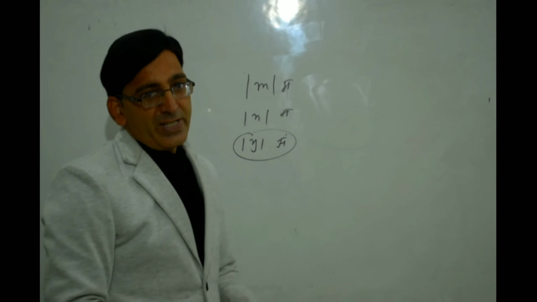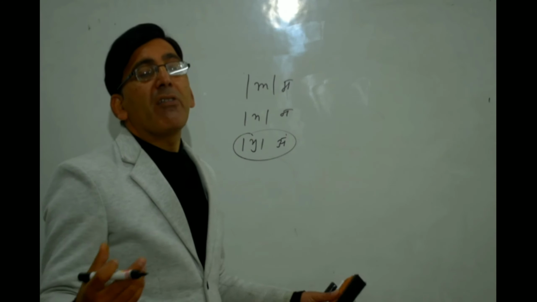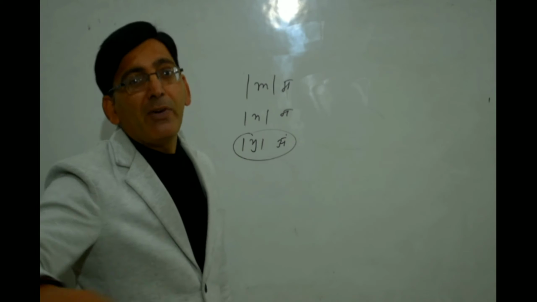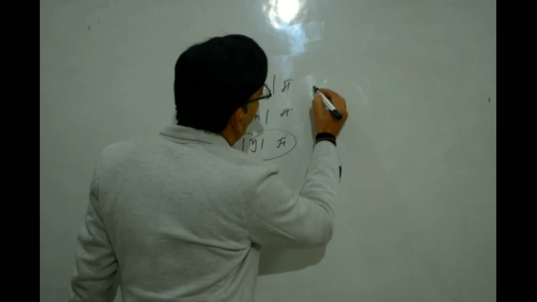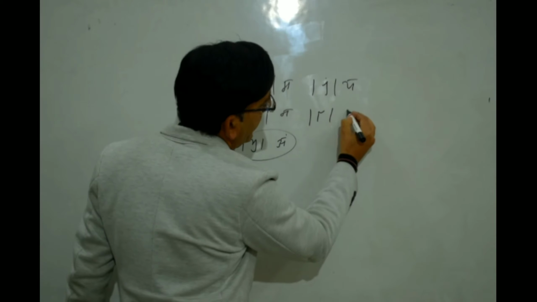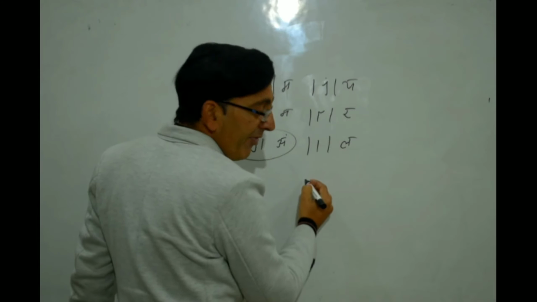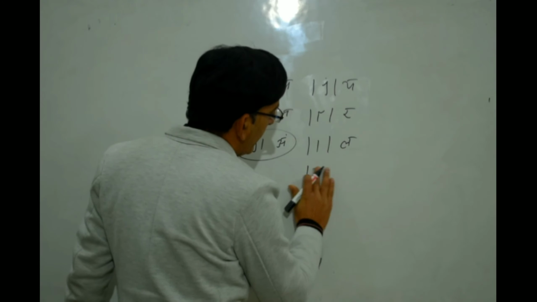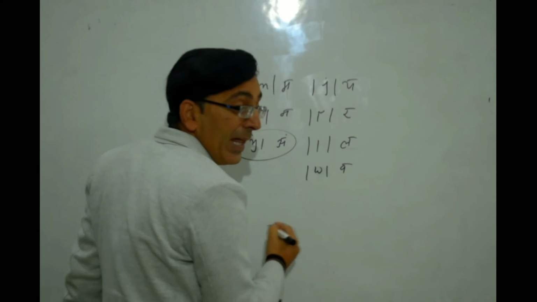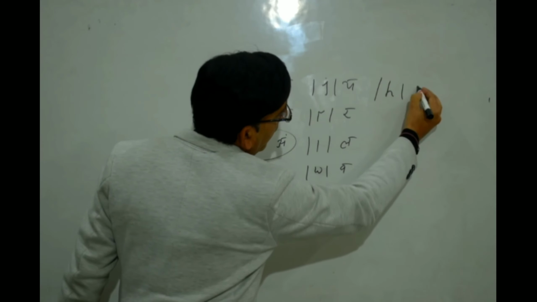We have so far discussed 19 consonant sounds. And now I am going to discuss the remaining 5 consonant sounds. So just try to understand. First is y, then there's r, then there's l, then there's w, and then we have the last symbol, and that is called h.